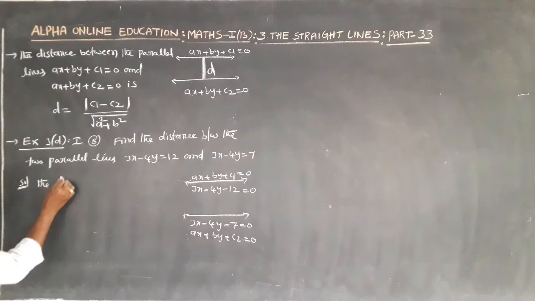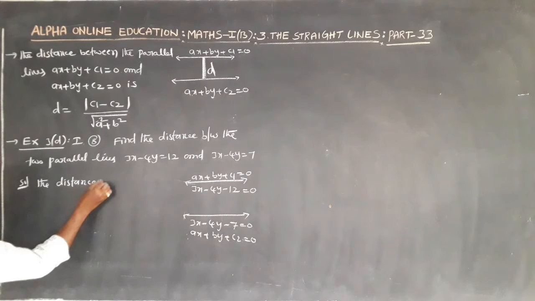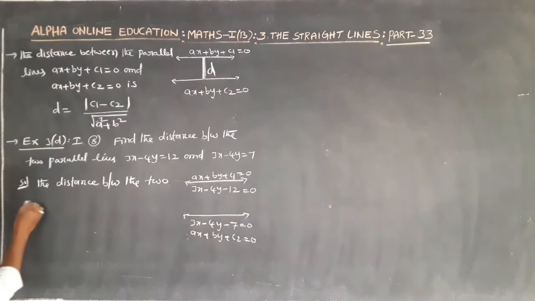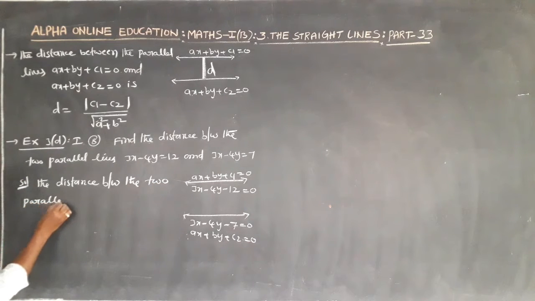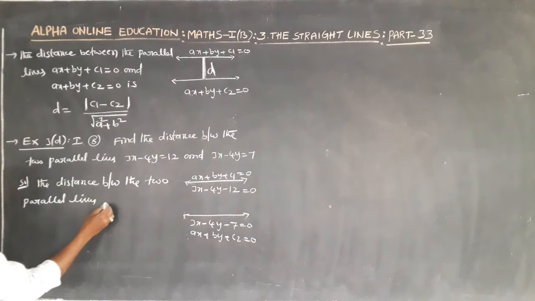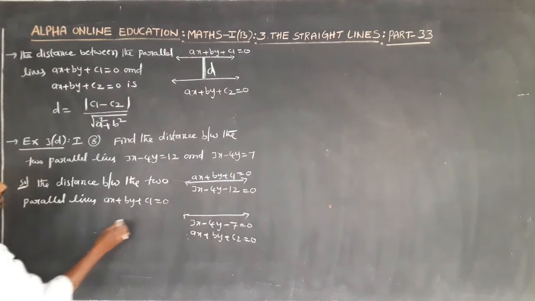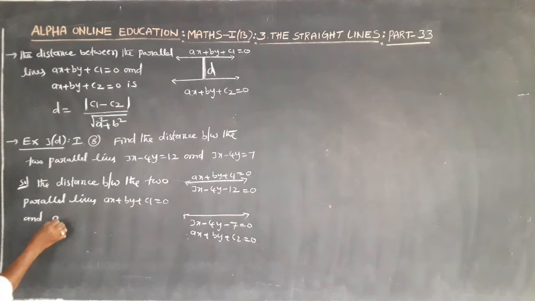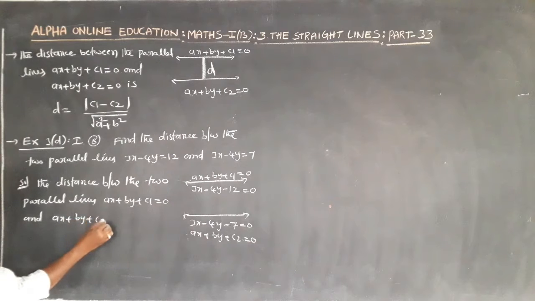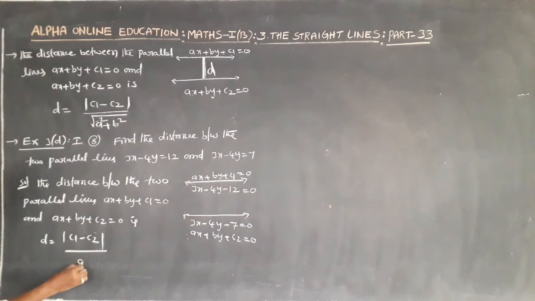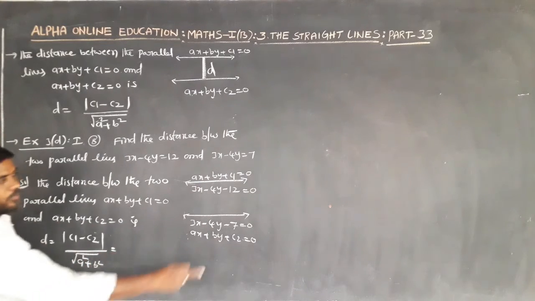The distance between the two parallel lines is D = mod of C1 minus C2 divided by the square root of A square plus B square.